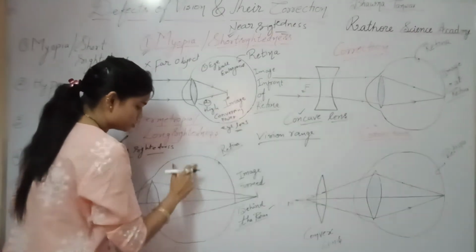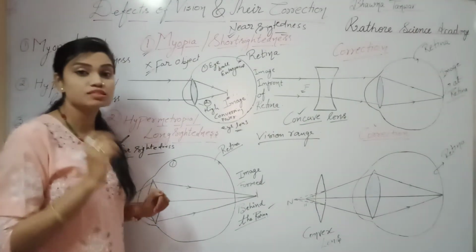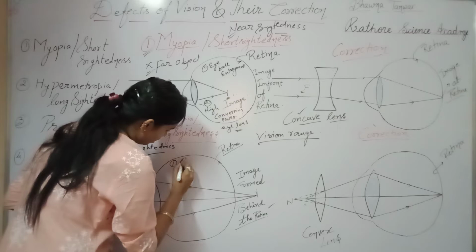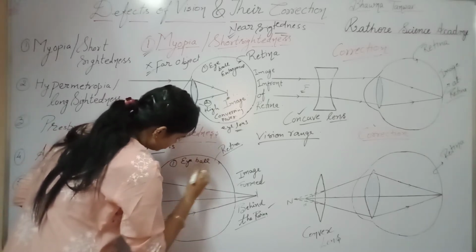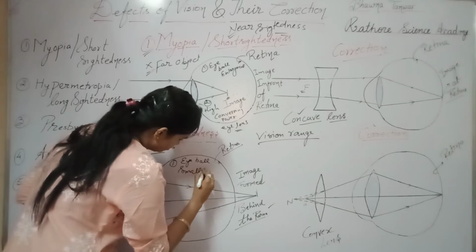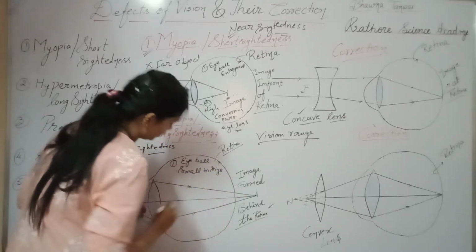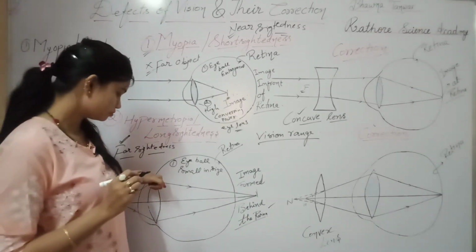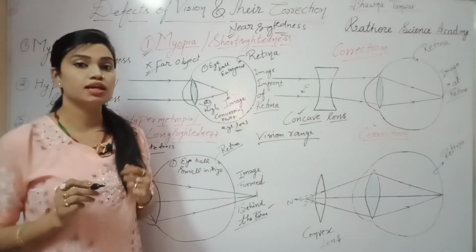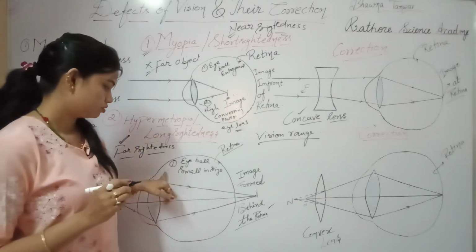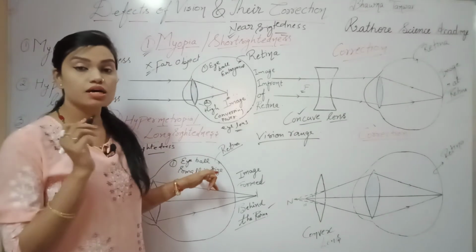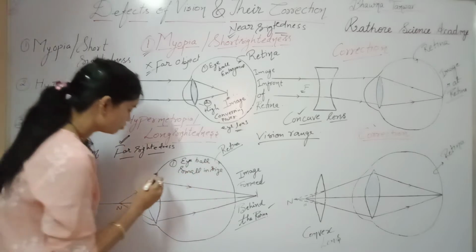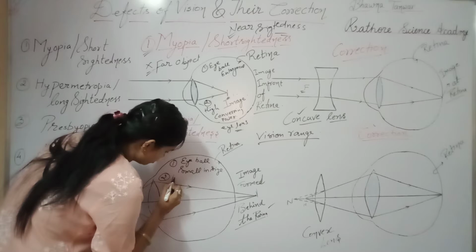The first reason is that the eyeball gets smaller. The second thing is that the focal length will increase, or the lens loses the ability to reduce it.